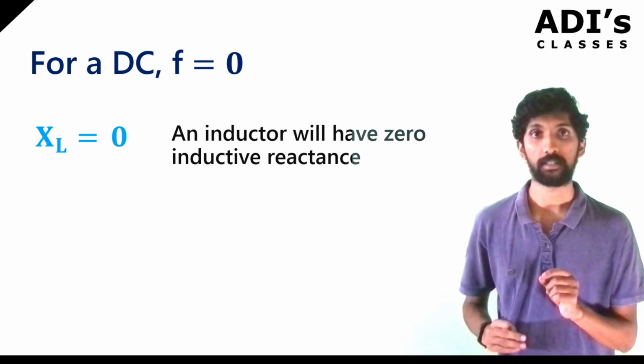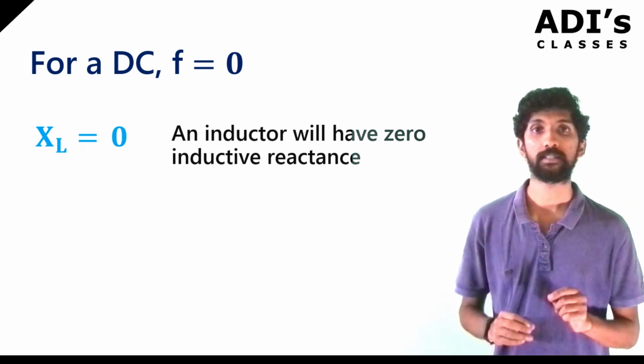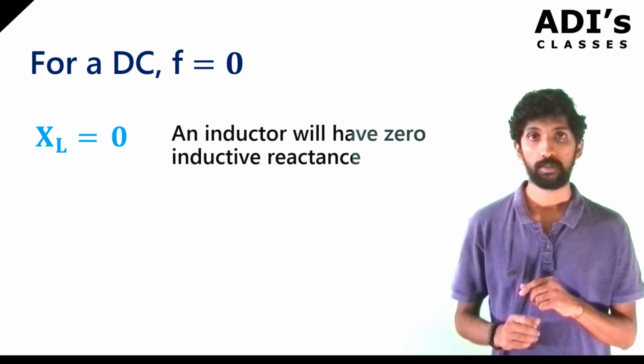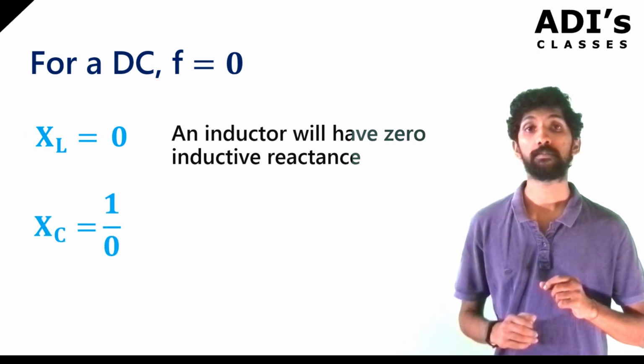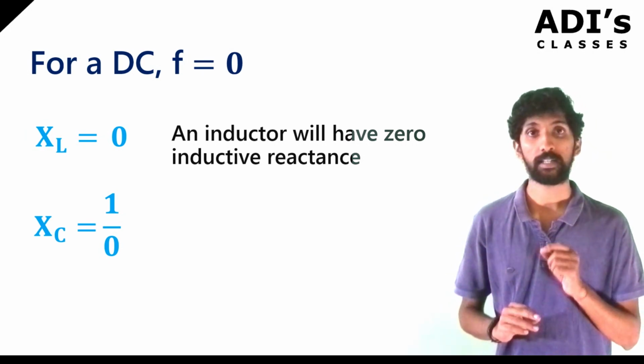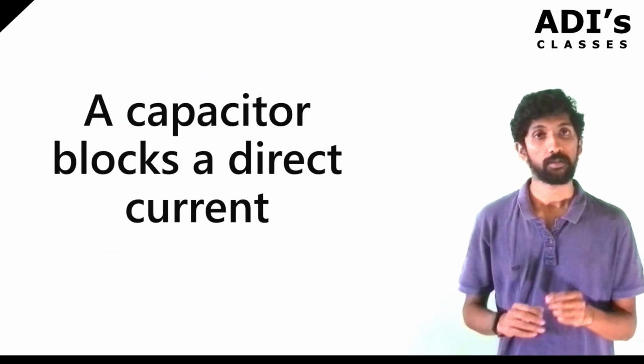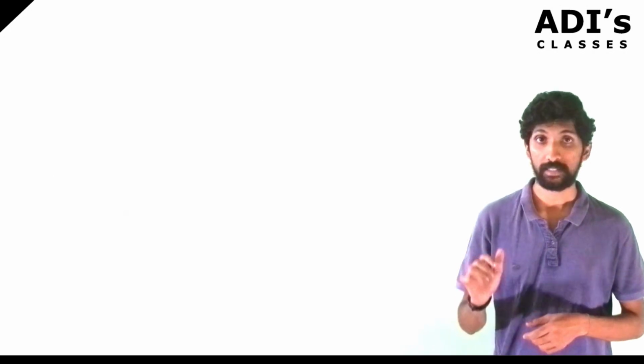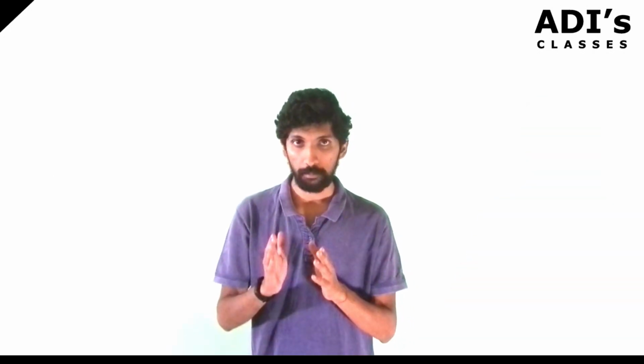Whereas for a capacitor, capacitive reactance will become 1 over 0, meaning capacitive reactance becomes infinite. So if XC becomes infinite, that means the capacitor blocks the direct current.